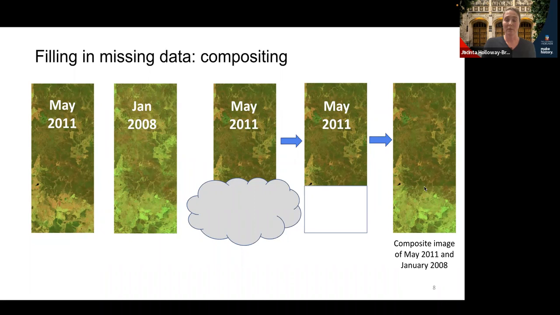And so there are clearly issues with that approach because, as we can see, because we know what the ground cover looks like in this example, they're actually very different. And so there are some quality issues with making these assumptions that we can treat the pixels as being taken at the same point in time. But sometimes that's all you can do because we don't have another source of data available.